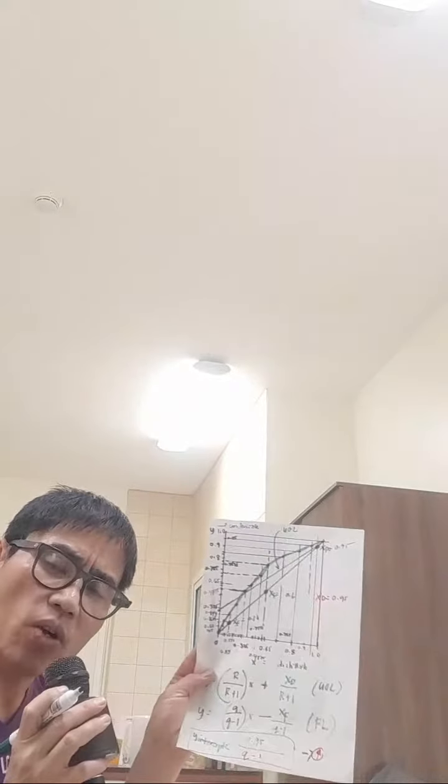So we will use the slope for that, in which the formula is R, right? Because we have no other choice. The slope of the feed, we don't have Q. So the other choice left is the slope of the upper operating line. In a way, we can put a dot there and connect.